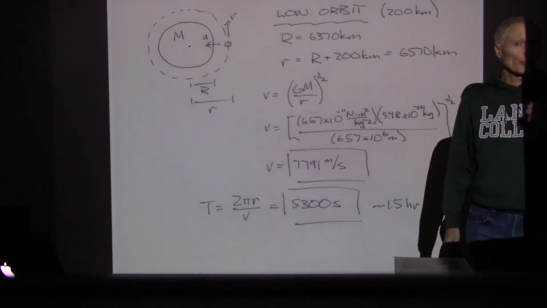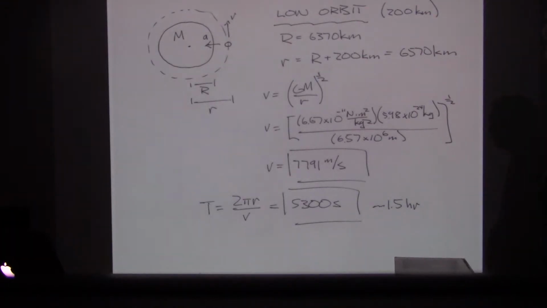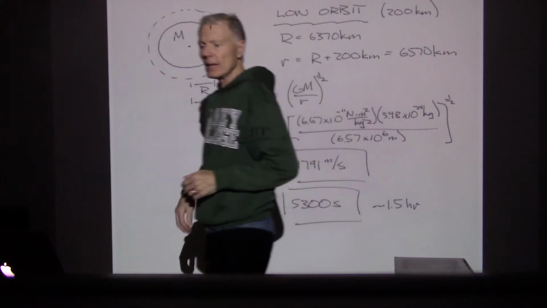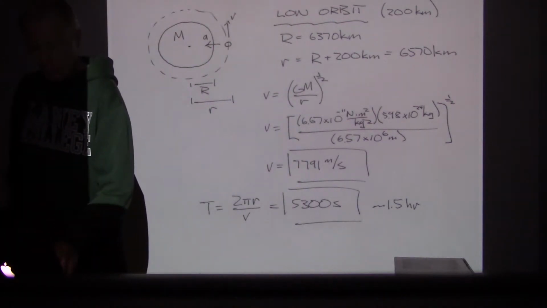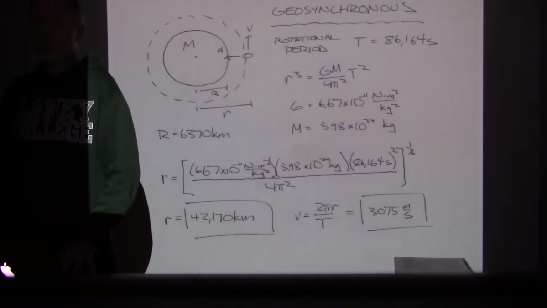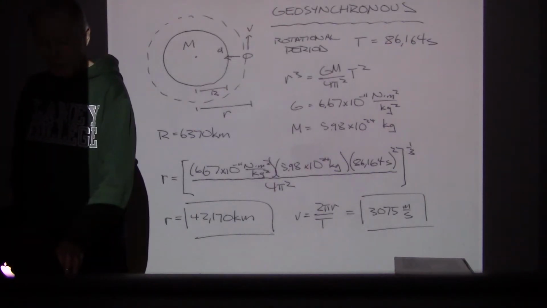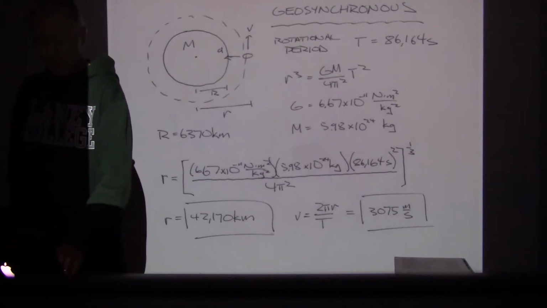If you've ever watched any of the NASA broadcasts with the orbiting International Space Station, that's what they talk about: if something's in low Earth orbit, it takes about 90 minutes to orbit the planet. Geosynchronous takes roughly 24 hours. It's at a much greater distance from the center of the Earth.